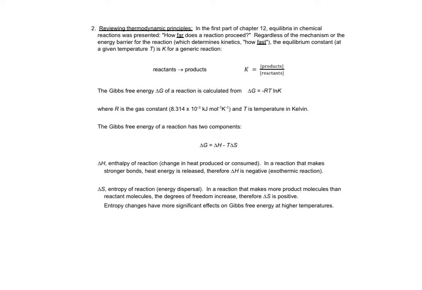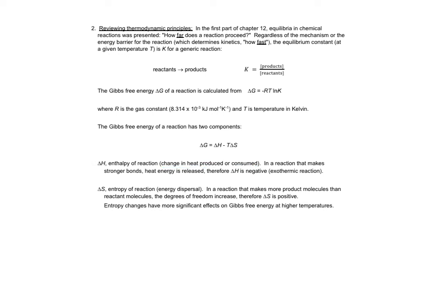In the second video, I'll describe the difference between enthalpy and entropy and how these each contribute to free energy. Recall that enthalpy is the change in heat produced or consumed, whether a reaction is exothermic when heat is produced or endothermic when heat is consumed.